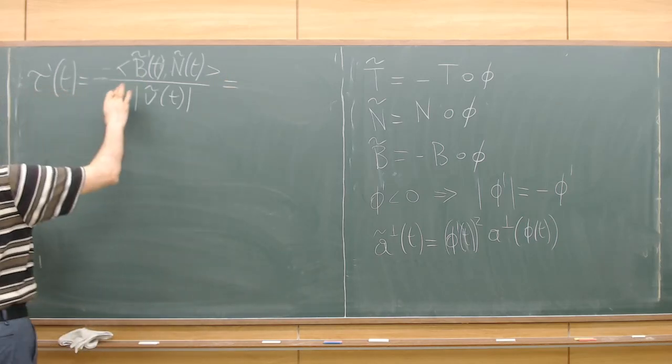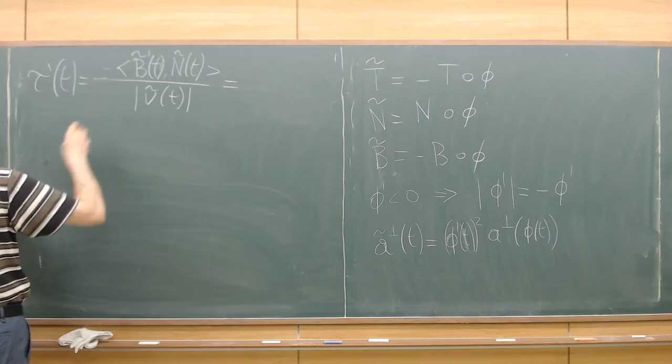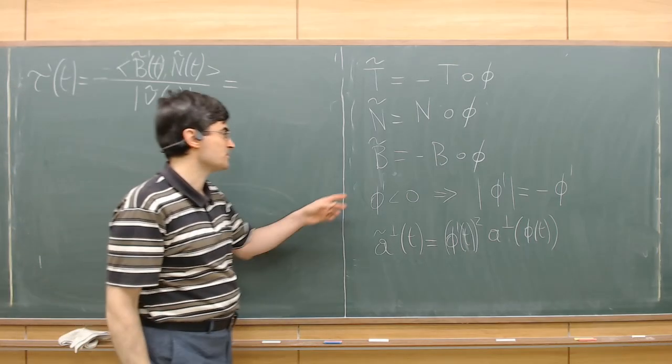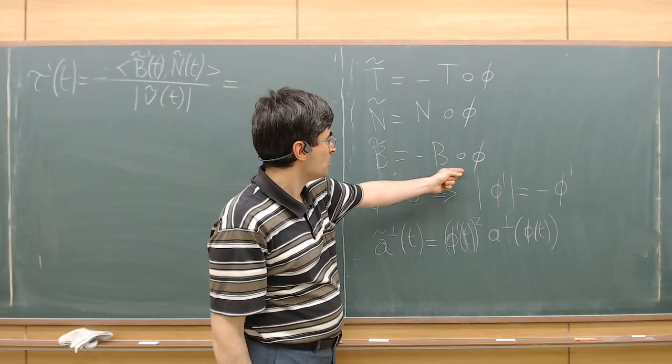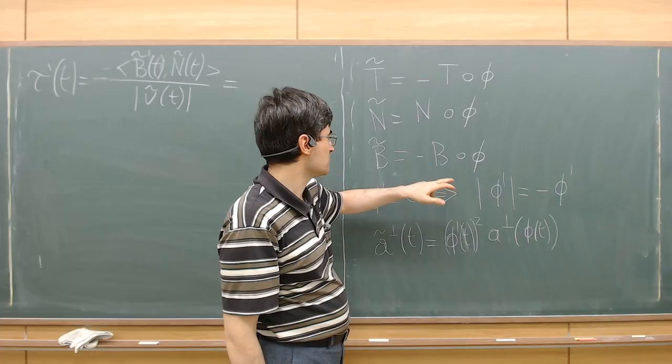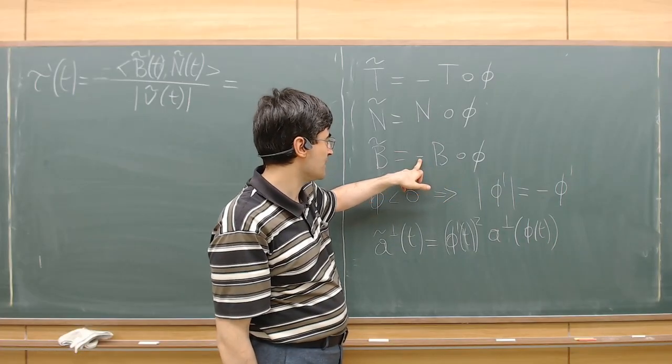Okay, once again, b tilde prime is the derivative with respect to t of this composite function. So observe that there is a minus sign here.